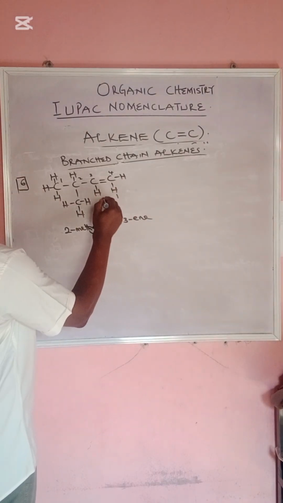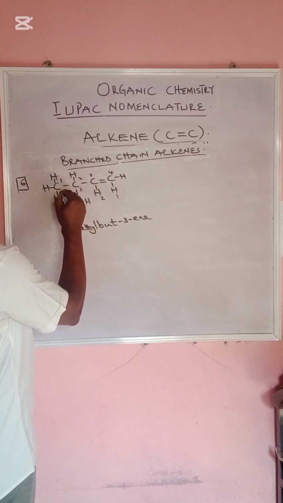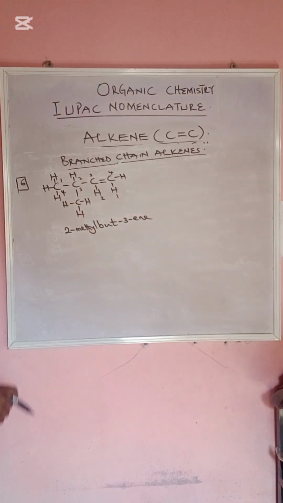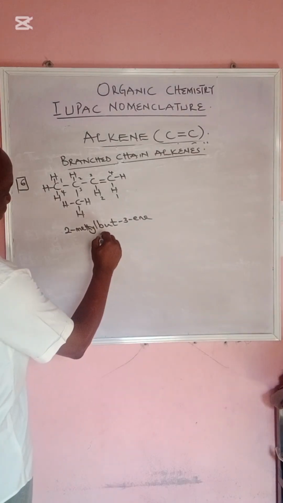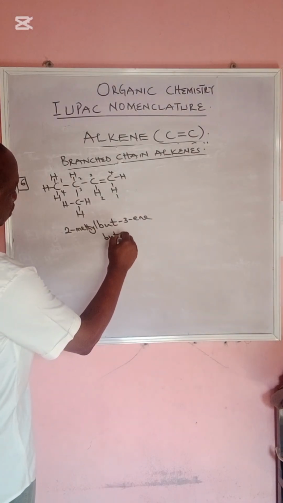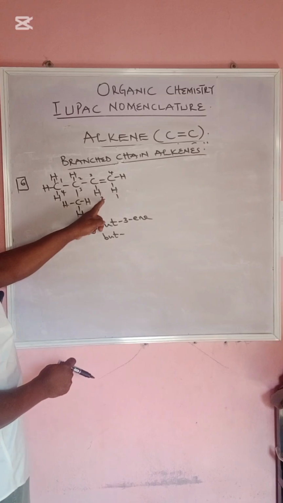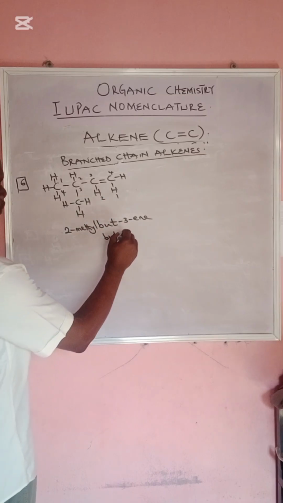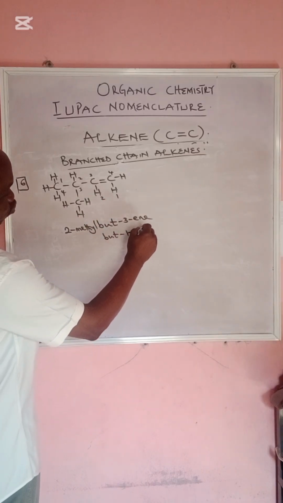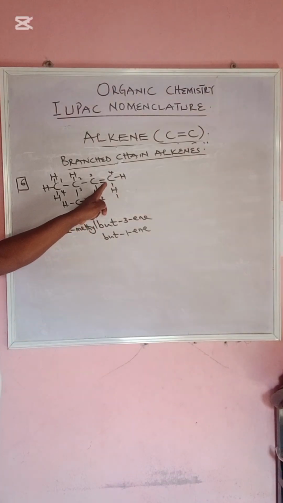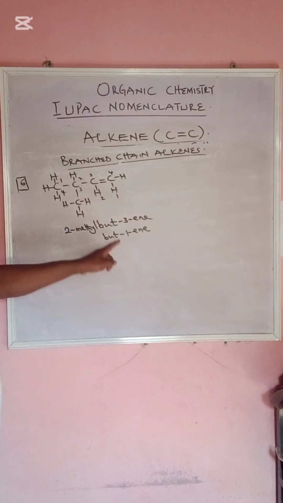This will be 1, this will be 2, this will be 3, this will be 4. So I still have but-. My double bond is now between 1 and 2, so I will say but-1-ene.